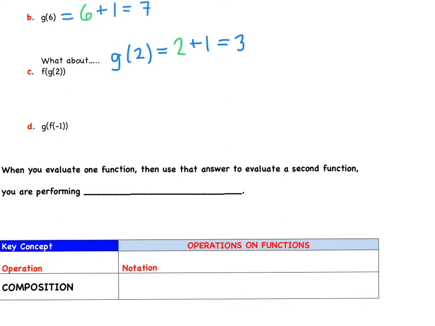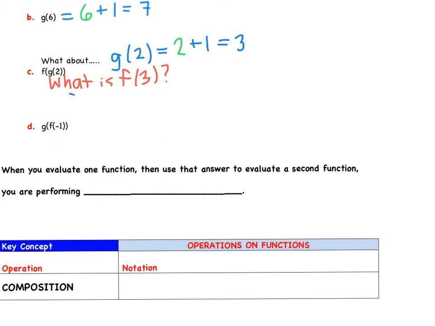But here I'm being asked to find f of g of 2. So essentially I'm being asked, what is f of 3? Since g of 2, once again, equals 3.